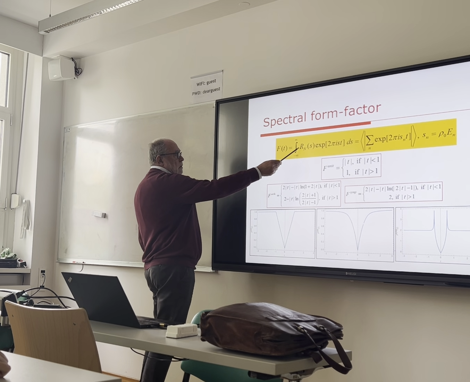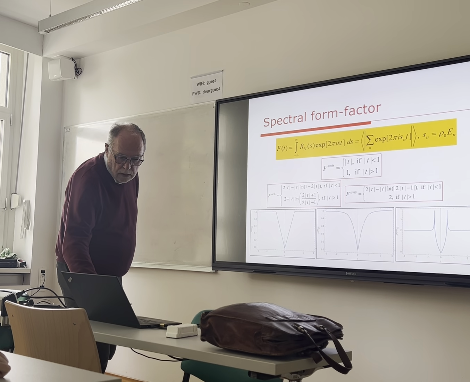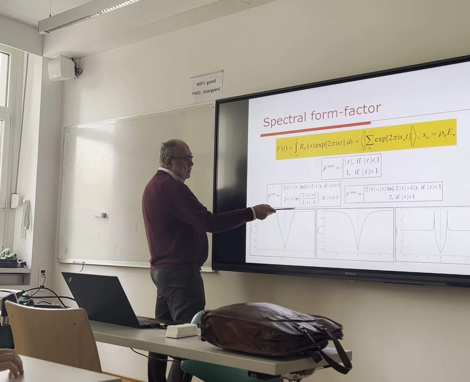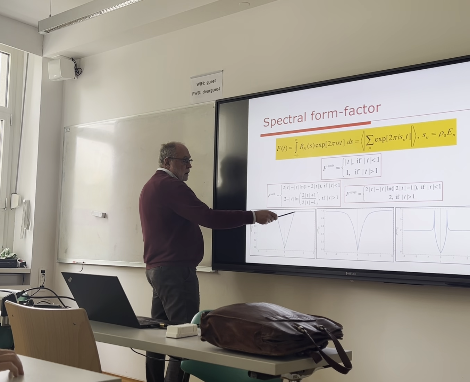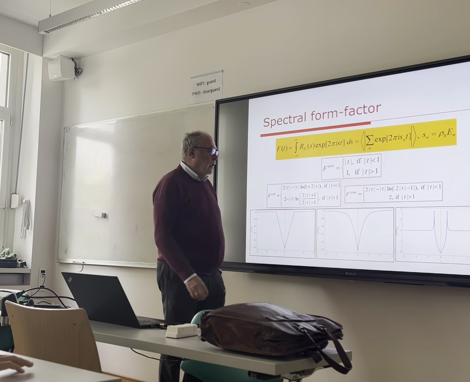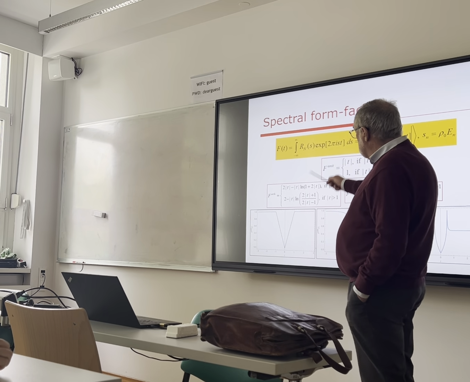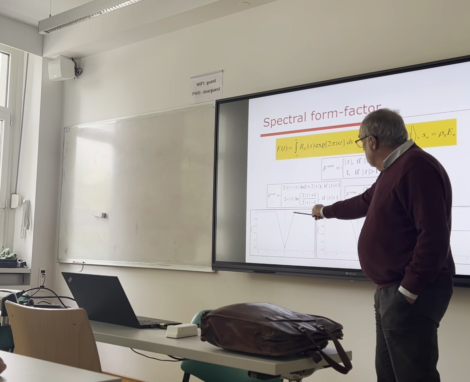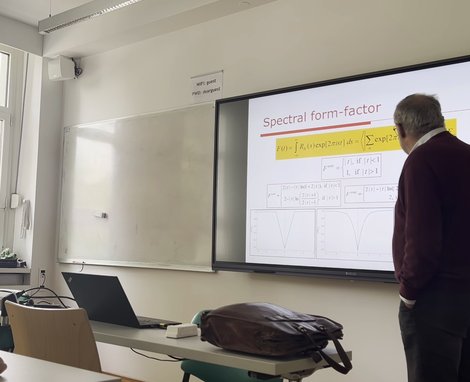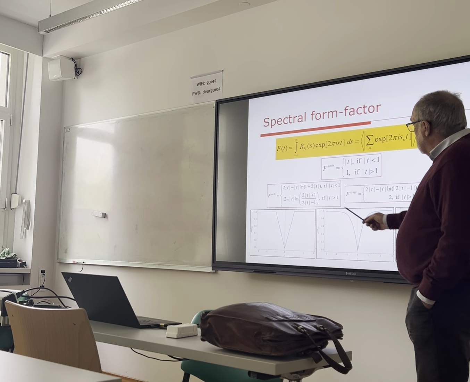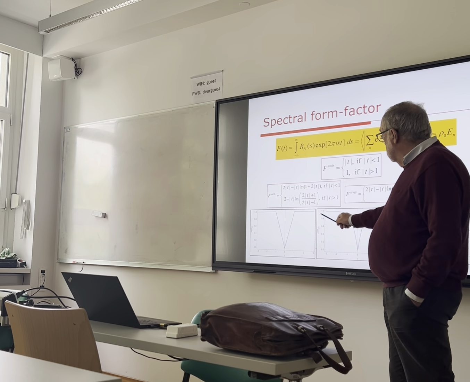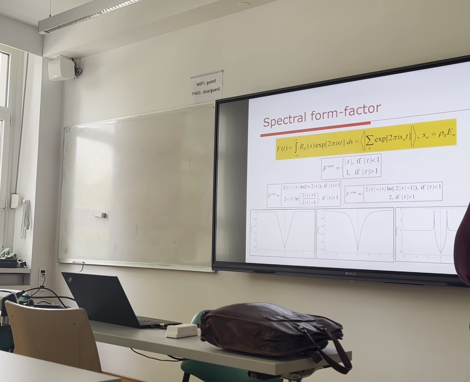Also, this R is different from this Y by the presence of a delta function, and this delta function leads to a constant when I take a Fourier transform of a delta function, it will be a constant, and for that reason the spectral form factor for all three ensembles goes to a constant asymptotics at large times, but the difference is that here the asymptotic value is 1 for the unitary and for the orthogonal ensemble, but for the symplectic ensemble it is 2.